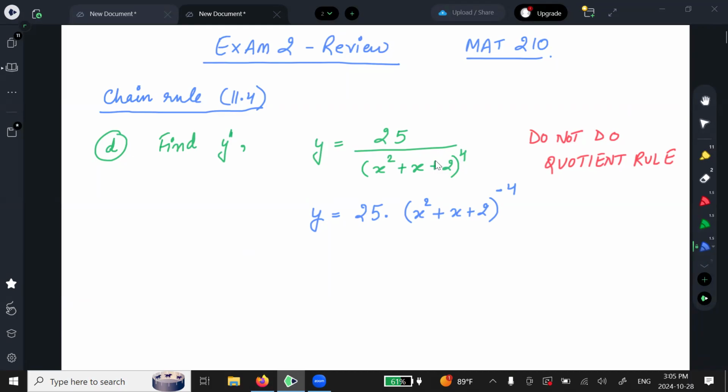The power becomes negative, and now I can apply power rule with chain rule here. And this is exactly how many steps I want you to do in the exam.